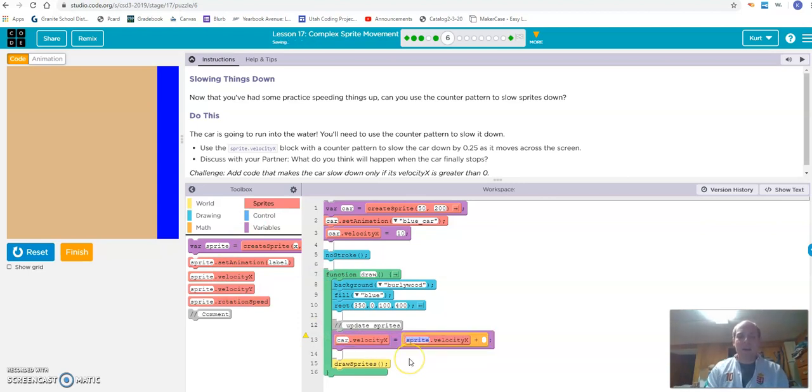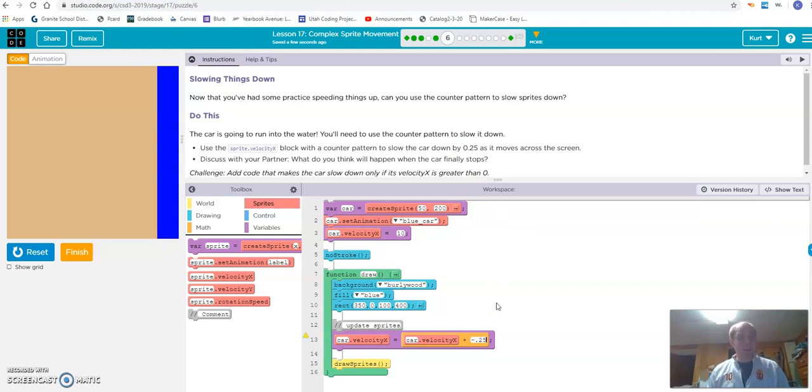Since we want it to slow down, what we're adding is actually a negative number, negative 0.25.